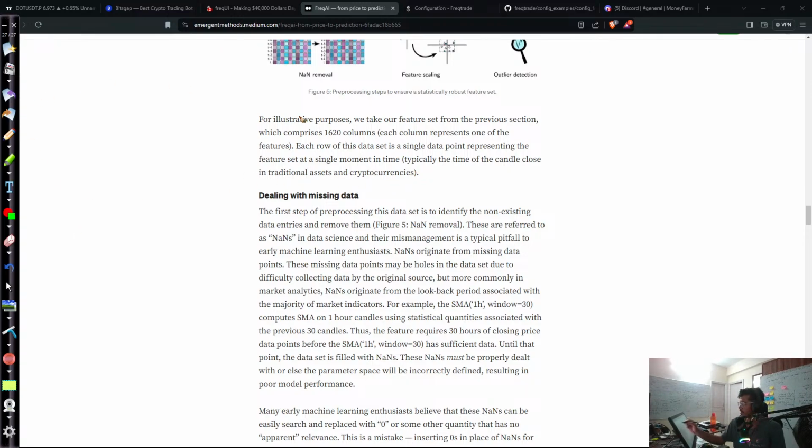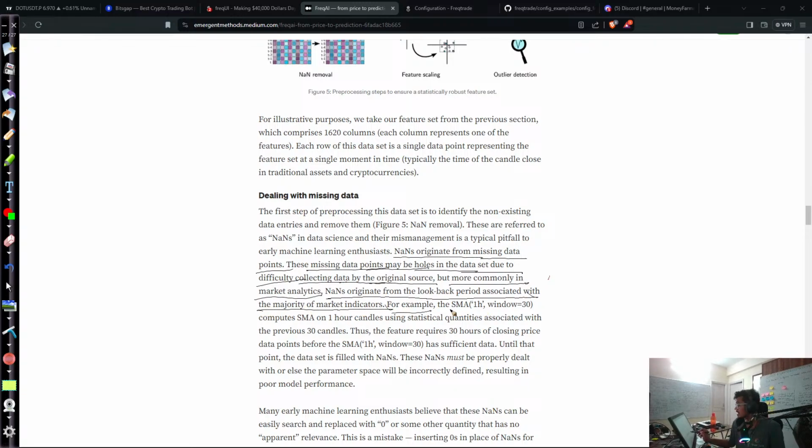So we got that. NaNs originate from the missing data points. These missing data points may be holes in the data set due to difficulty collecting data by the original source. But more commonly in market analytics, NaNs originate from the lookback period associated with the majority of market indicators.